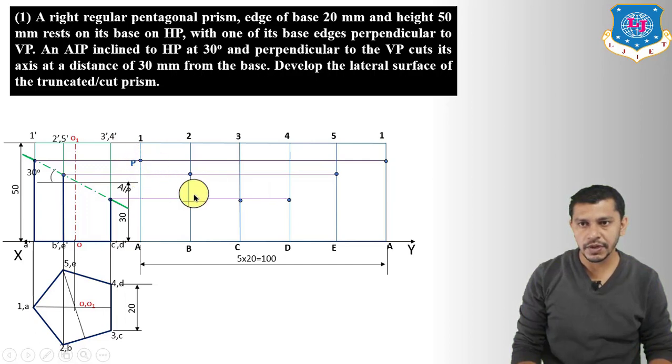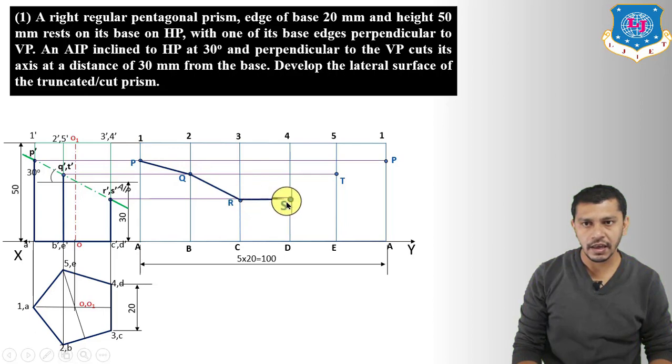So this will be P, Q, R, S, T, U. Again P, because here the side edge is the same side edge that we have taken over here. Now mark this point over here. So here we will get P dash, here we will get Q dash, T dash, and here we will get R dash, S dash. Now connect these points PQ, QR, RS, ST and TP.